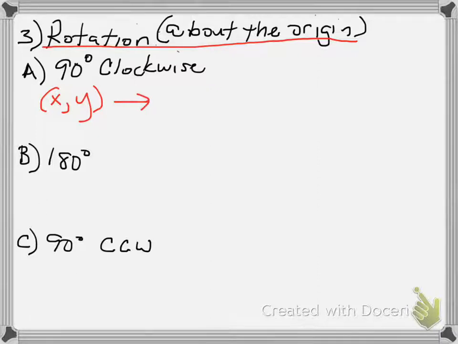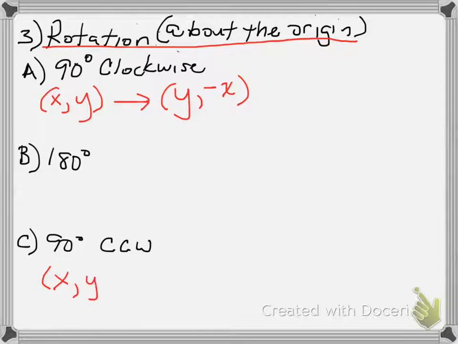clockwise, what happens is the y becomes our x, and our x not necessarily becomes our y. Actually, the opposite of x is going to be our y. Let me skip down to 90 degrees counterclockwise.